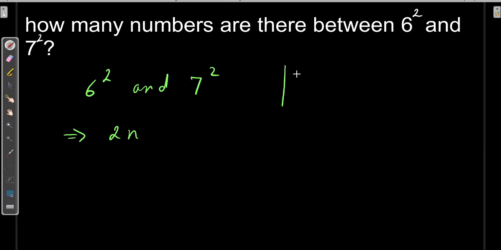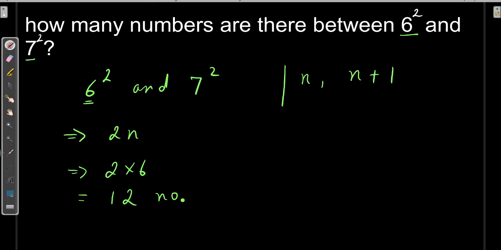If the numbers are written in the form of n and n plus 1, suppose I take 6 as n, so n plus 1 is 6 plus 1, that is 7. So here n is 6. So 2 into 6 is equal to 12. So 12 numbers are there between 6 square and 7 square.